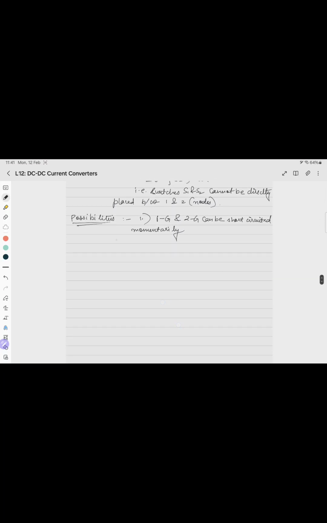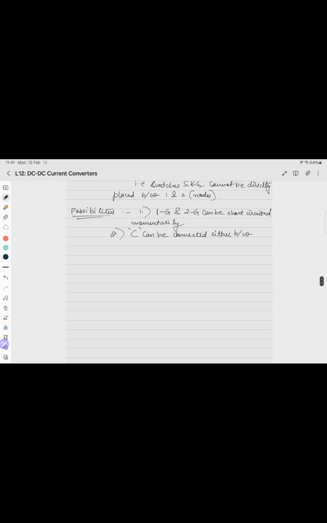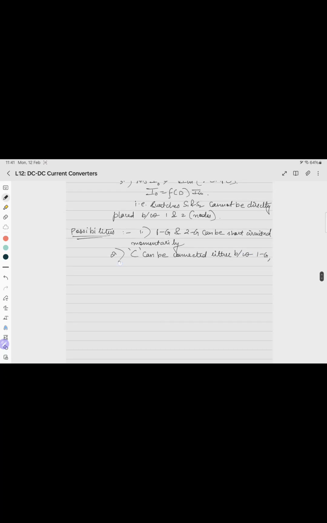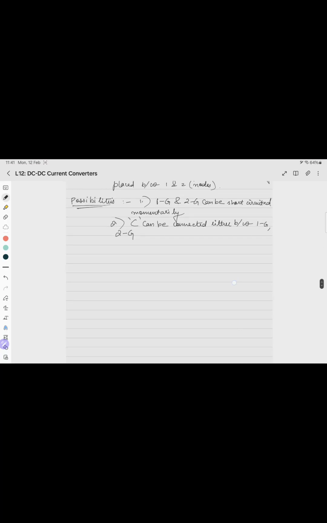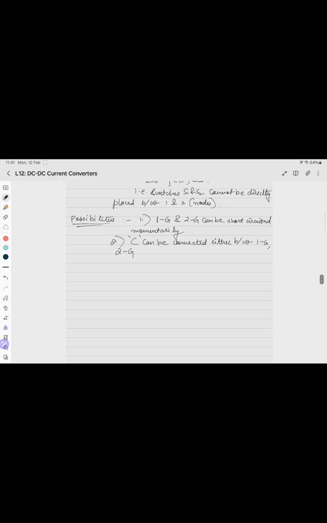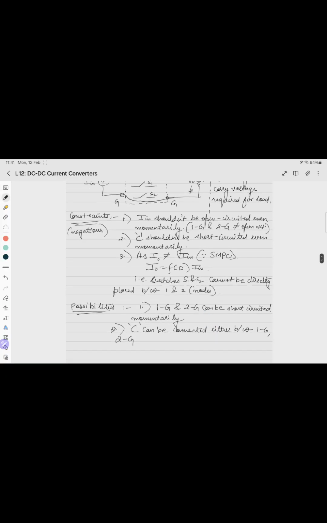Either it should be connected to the input side, or the capacitor can be connected across this side. So C can be connected either between 1 to G or 2 to G, but it cannot be short circuited. These are the possibilities.